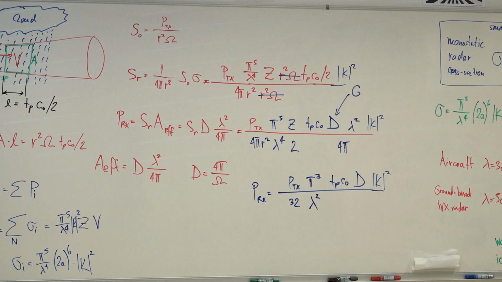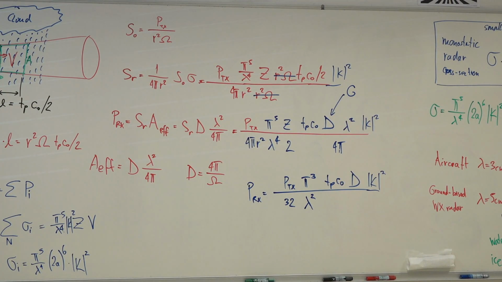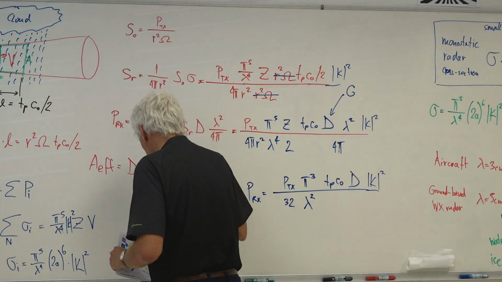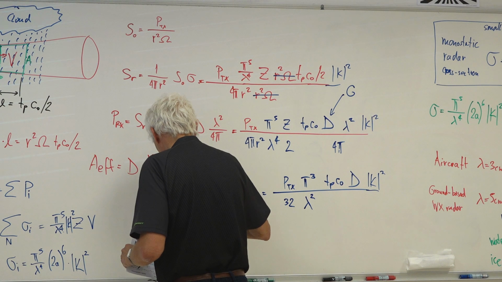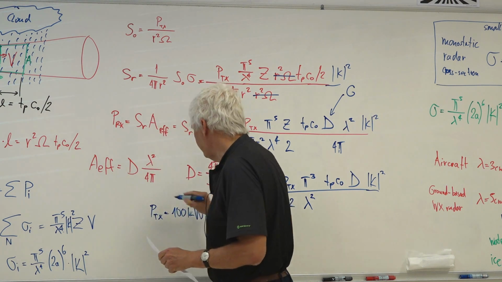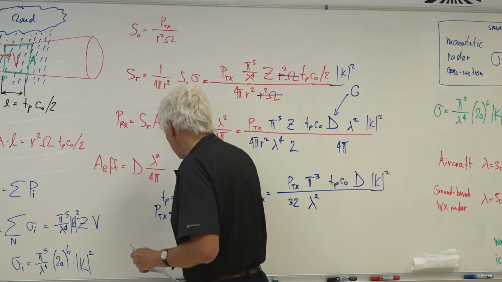So let me just write a typical example what we have here. If we have, just write it down, a transmitter of 100 kilowatt. That's now peak power for a pulse of 3 microseconds.